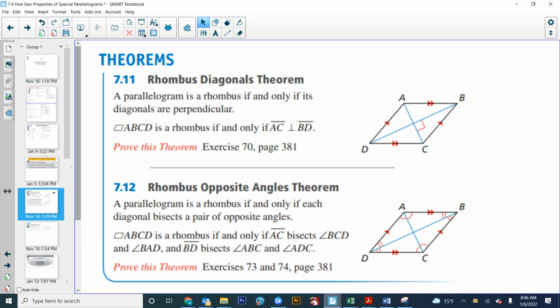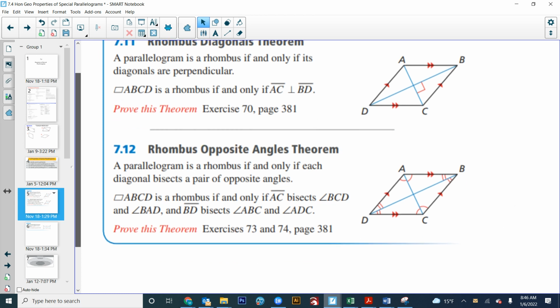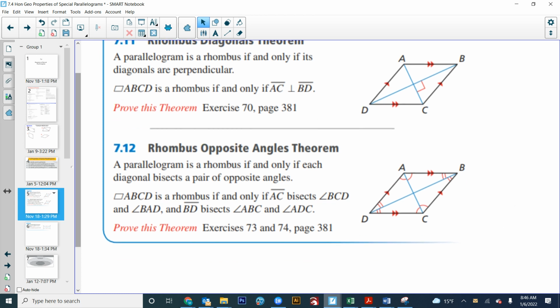Next one. Still a rhombus. A parallelogram is a rhombus if and only if each diagonal bisects a pair of opposite angles. So notice the word bisect, but it's different than the property of a parallelogram.